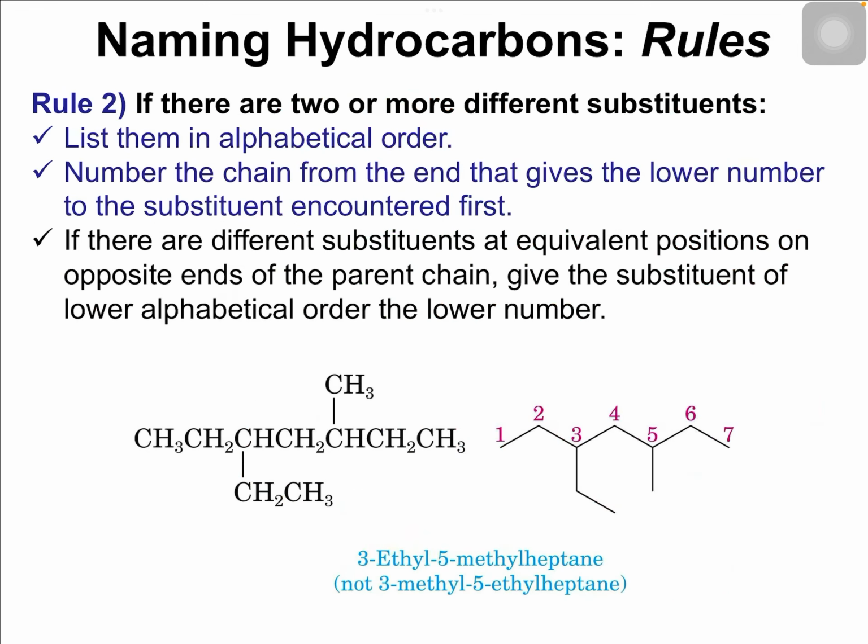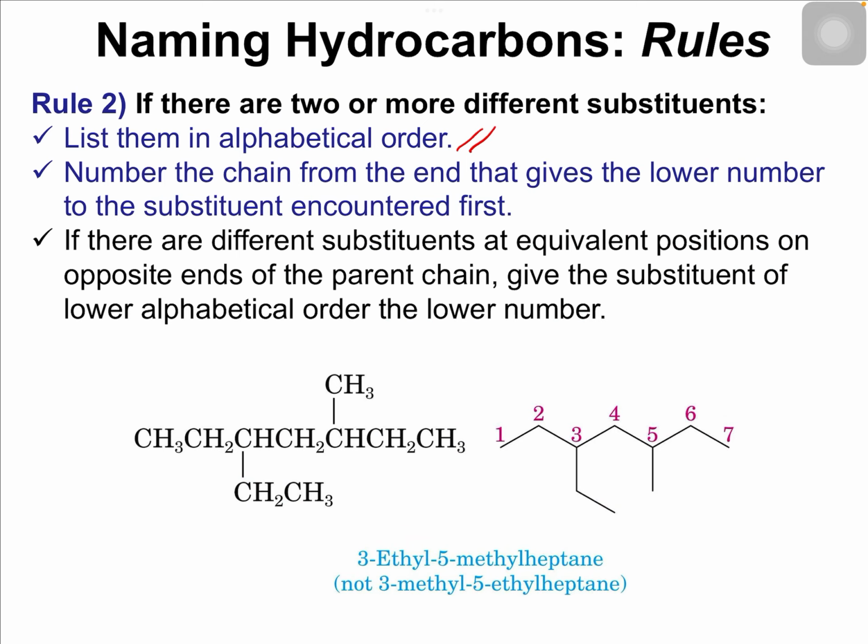Okay. Rule number 2. If there are two or more substituents, the first thing to do is to list them in alphabetical order. Number 2 is to number the chain from the end that gives the lower number to the substituent encountered first. So, dun muna tayo sa unang dalawa. Kapag meron kayong dalawa o mas higit pang mga substituents, you do the alphabetization.